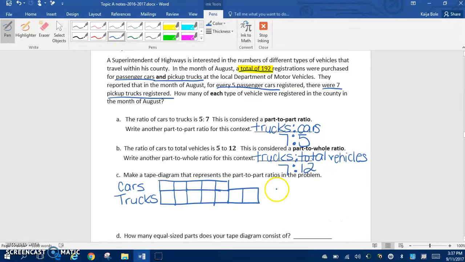So if we go back down, we know that all of these boxes here, if we circle them all, equals 192. And we know that we have 12 boxes, so when we divide by 12, if you put it in your calculator or go off to the side, you will get 16. So each box here represents 16. So fill all that in.